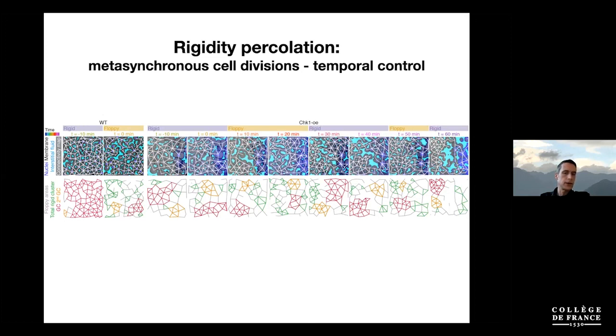This is exactly predicted by the theory. Now, in the cases where Nicoletta interfered with the cleavage cycle oscillator, the tissue goes from rigid to floppy, then back to rigid to floppy. It's a very irregular manner. And again, there's no clear giant cluster; the size of the giant cluster is not clearly subdivided between rigid states and floppy states.